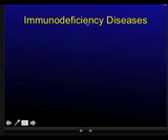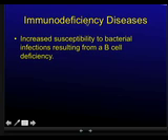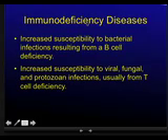So what happens when the immune system starts to decline in function, either as a result of age or of disease state? It's characterized by an increased susceptibility to bacterial infections resulting from a B cell deficiency, and increased susceptibility to viral, fungal, and protozoan infections, usually from T cell deficiency.